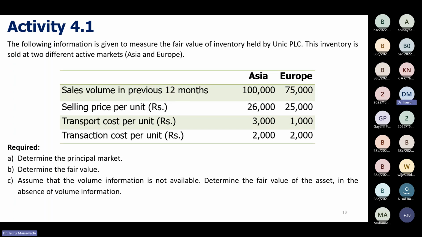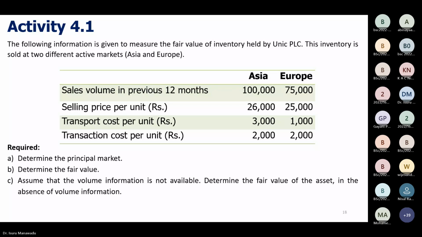Assume that the volume information is not available. Determine the fair value of the asset in the absence of the volume information. In the absence of volume information, you need to calculate the fair value of the most advantageous market. Is the most advantageous market Asia or Europe?